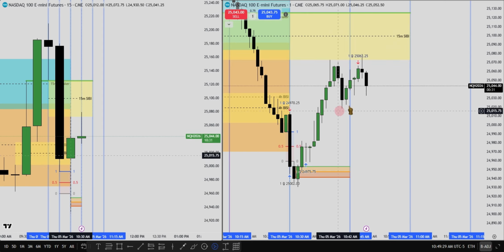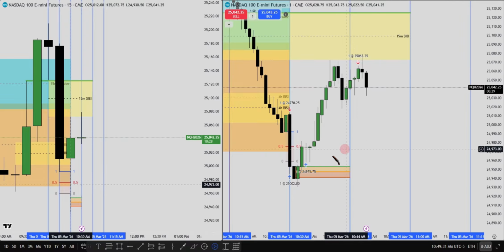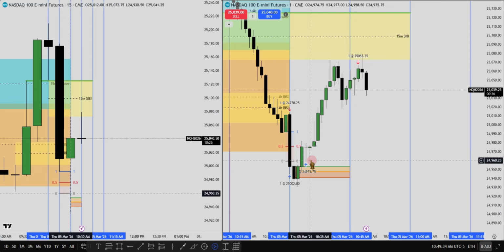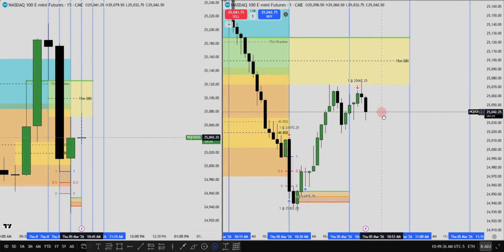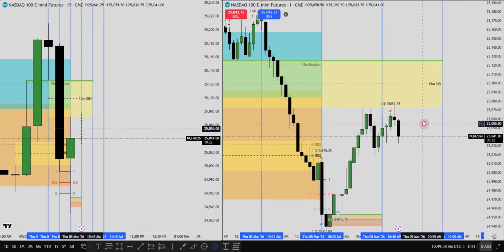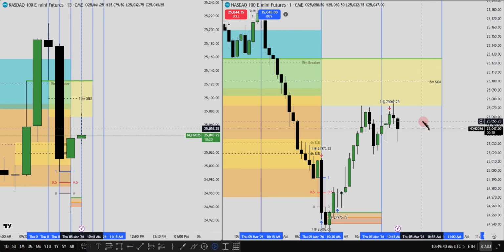This liquidity is so darn close that the only liquidity that makes sense to me is either this one or this one down here, and it can do that if it wants to, but I'm not going to be too aggressive this morning.